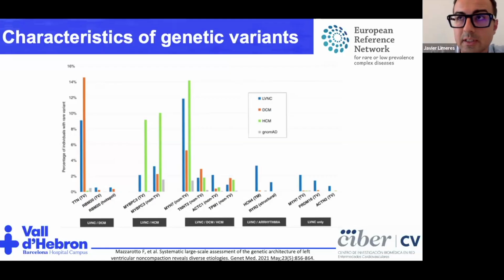But if you don't look at the genes and look at the kind of variant, you can see some difference. If you compare dilated and noncompaction, or noncompaction only, you can see there are some kinds of variants, like truncated variants in the heavy chain or in PRDM16, that you cannot find in the other cardiomyopathies like dilated, restrictive, or other kinds.